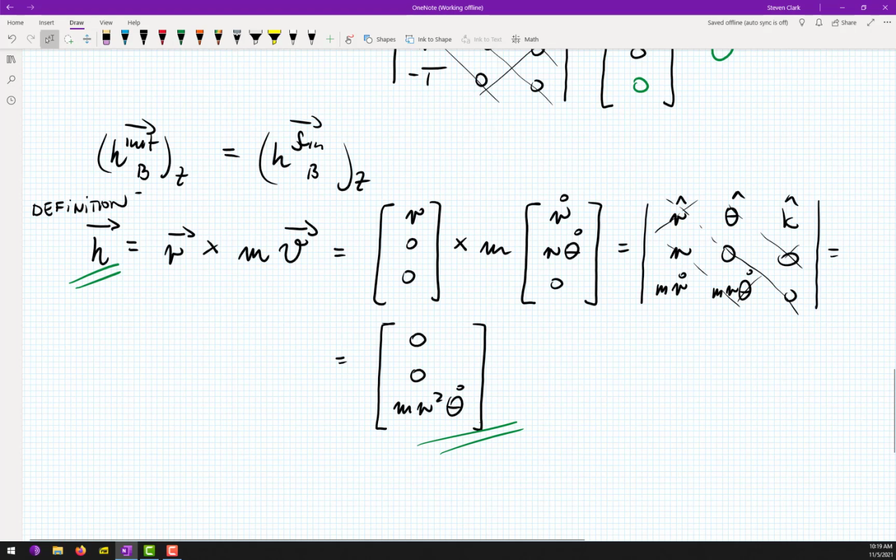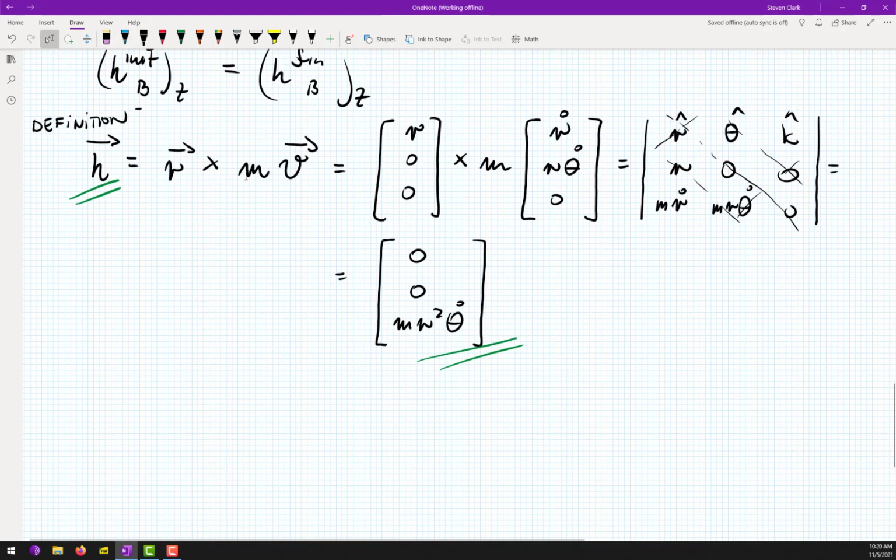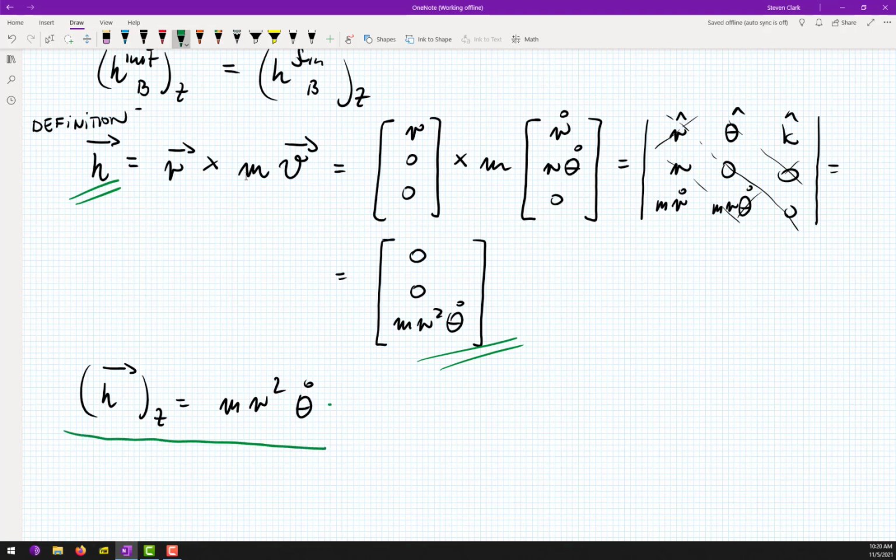However, I think that we care only about the Z component, yes? So HZ, let's do that, is mr squared theta dot. Okay, so now let's plug this expression back in here.